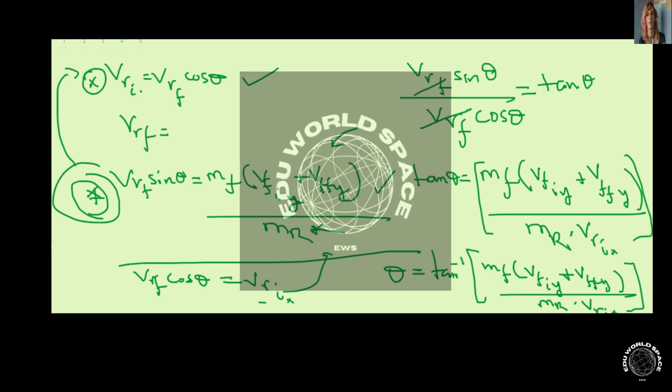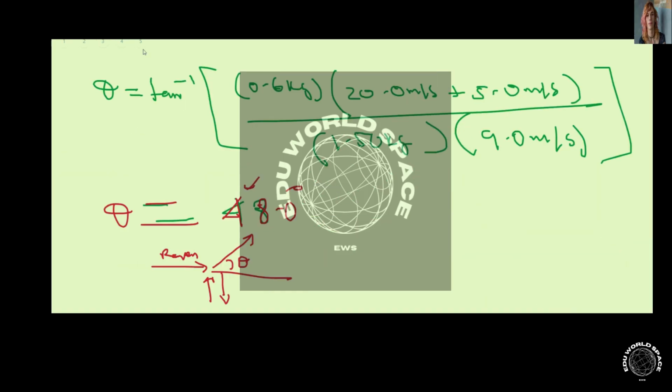We simplified one on top of the other, and that we were able to get a tangent. Remember, tan theta is sine theta over cosine theta. Plugging in those numbers, we were able to get the value of theta, which is 48.